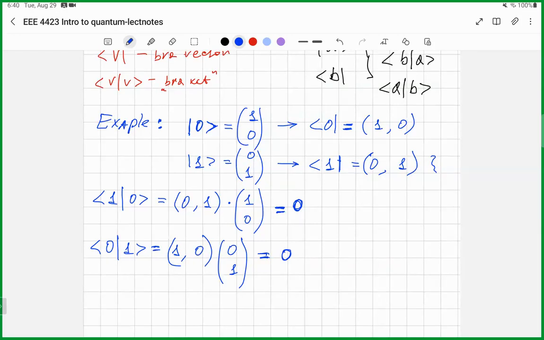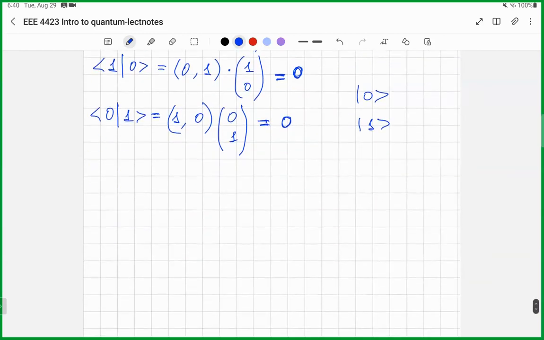That means I can use these two vectors, 0 and 1, as the basis in the corresponding two-dimensional space. We will use that quite a lot in what follows.